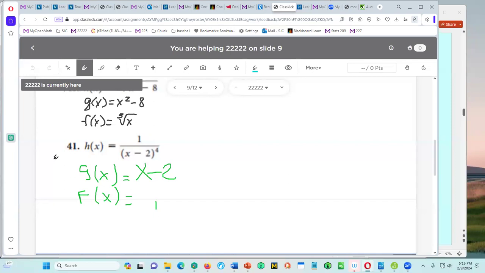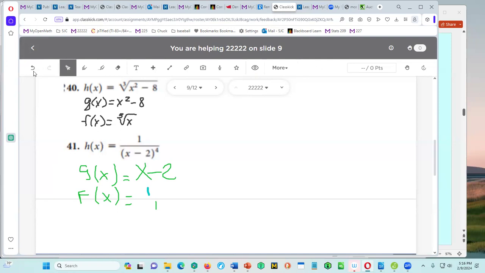Would it be 1 over x, the f of x? Okay, well, if this were 1 over x, then f composed with g would be 1 over x minus 2, which is not quite the same thing as what we need.